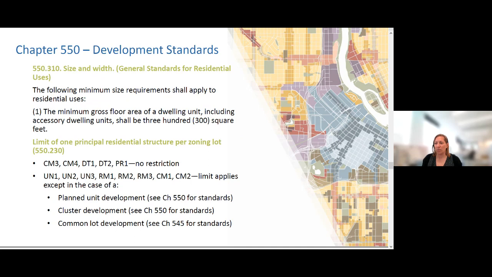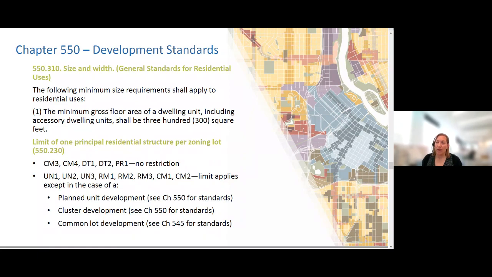Another significant change applies to how many principal residential structures can be located on a zoning lot. Previously, there was a limit of one principal residential structure per zoning lot in all zoning districts. Now there is no restriction in the CM3, CM4, downtown, and PR1 districts. A proposal can just include multiple structures in those districts.